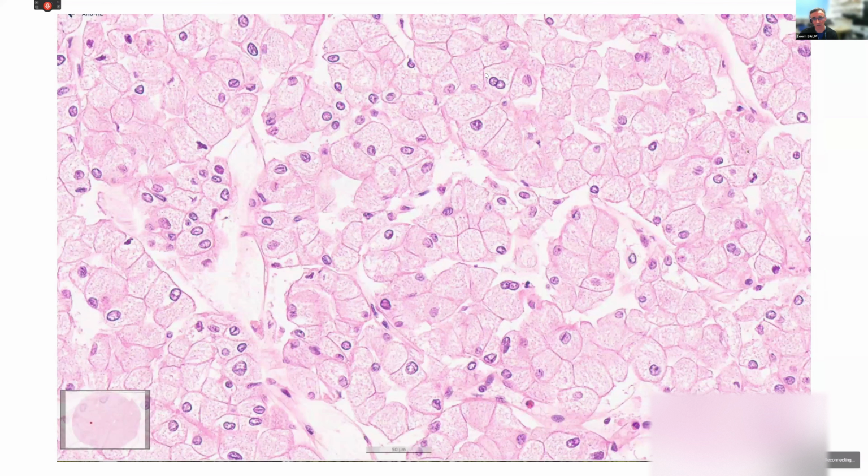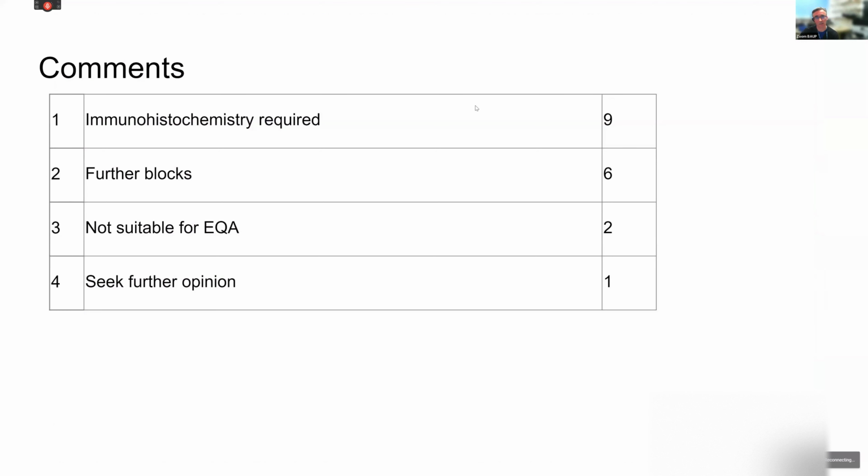So some binucleation at the top here, the 12 o'clock area, and a perinuclear halo. The cytoplasm also has that fine reticular appearance. So it looked morphologically like a chromophobe RCC to me.